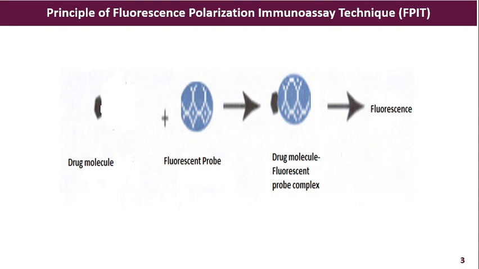At the same time, the second identification procedure is used using polarimeter, where plane polarization of the light is used as an indicator for identification of the complex formation.